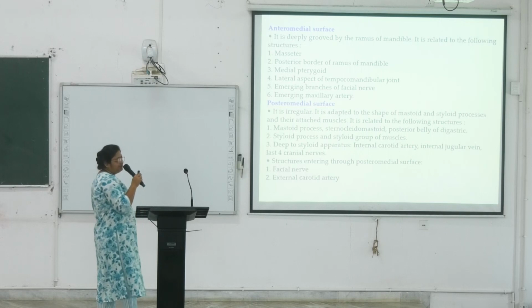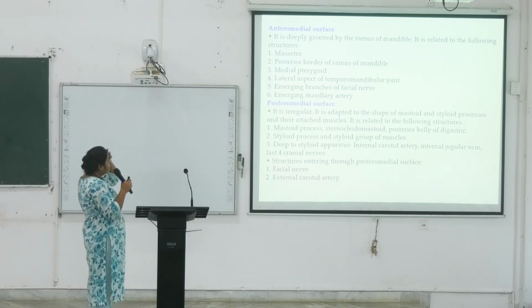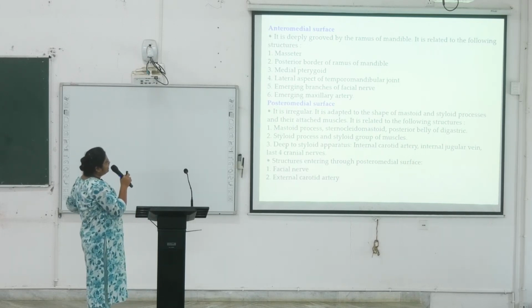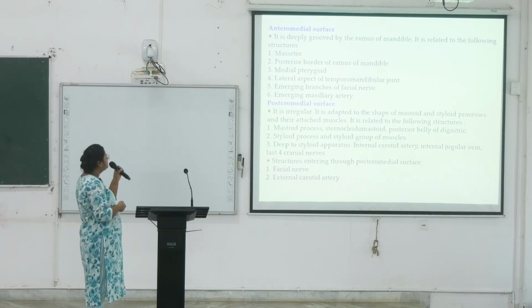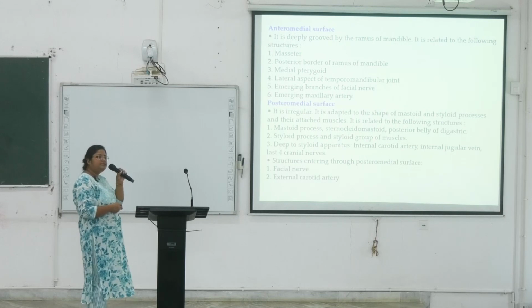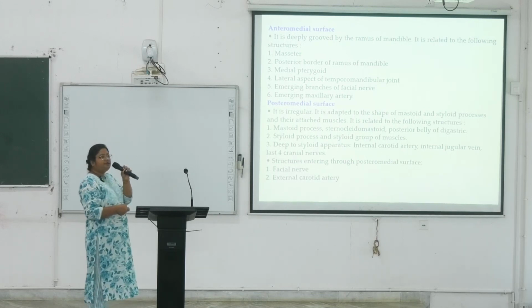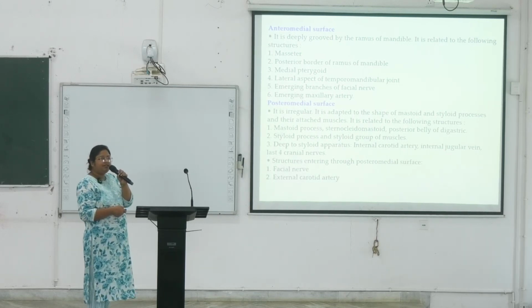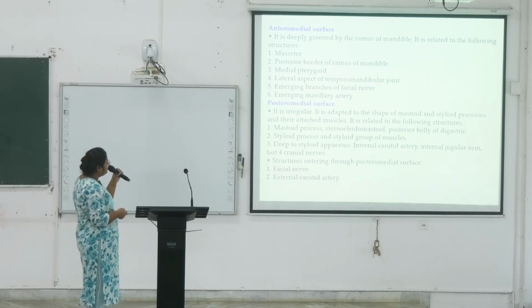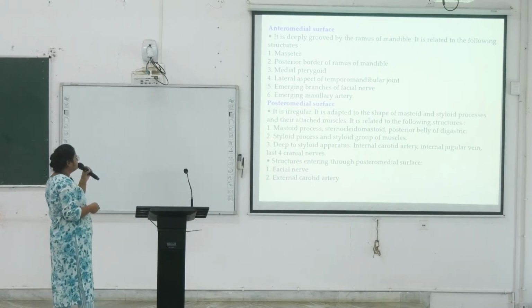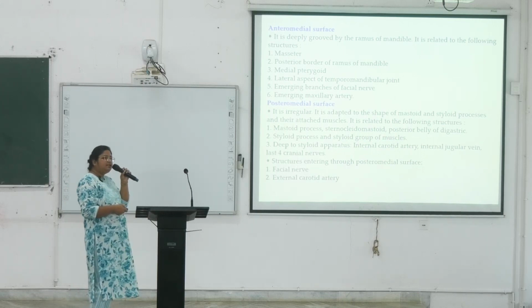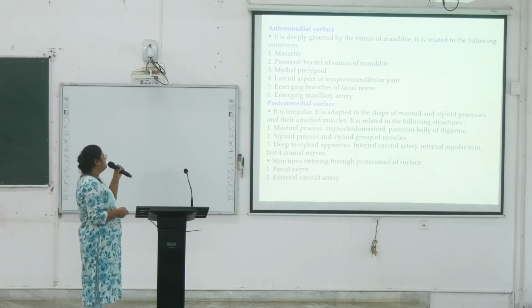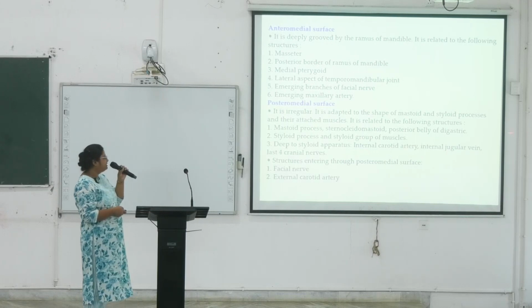Next is the posteromedial surface. Okay, it is irregular and it is adapted to the shape of the mastoid and styloid processes and their attached muscles, that is sternocleidomastoid and posterior belly of digastric. It is related to the following structures: mastoid process and sternocleidomastoid, posterior belly of digastric, styloid process and styloid group of muscles.